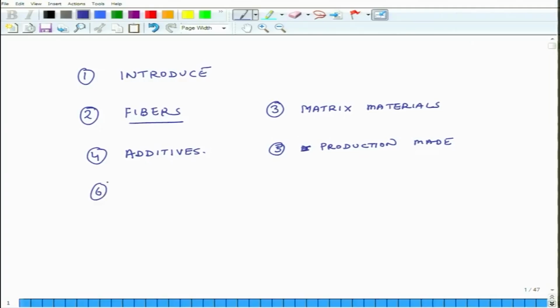Then once we are done with these 4-5 topics, we will start discussing the mathematics underlying the performance of different types of composites. First we will discuss the mechanics of short fiber composites. We will learn how to predict their strength, their modulus, and so on and so forth. Then we will discuss the mechanics of long fiber composites.